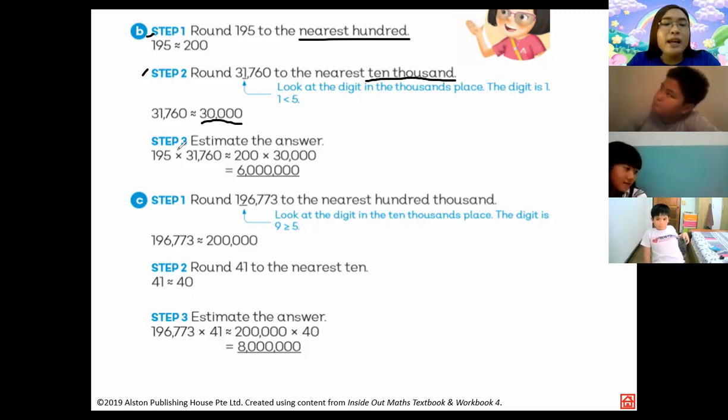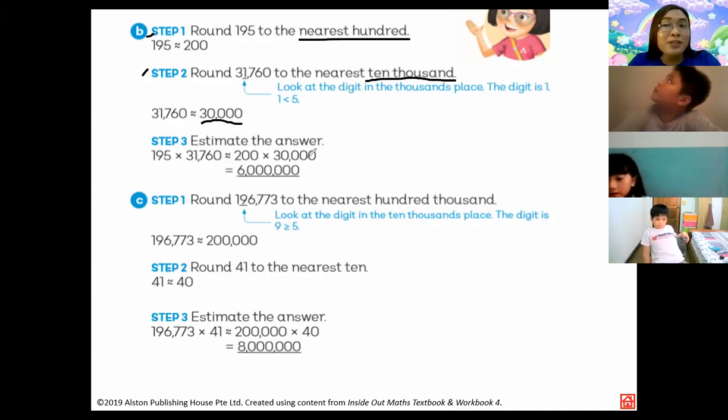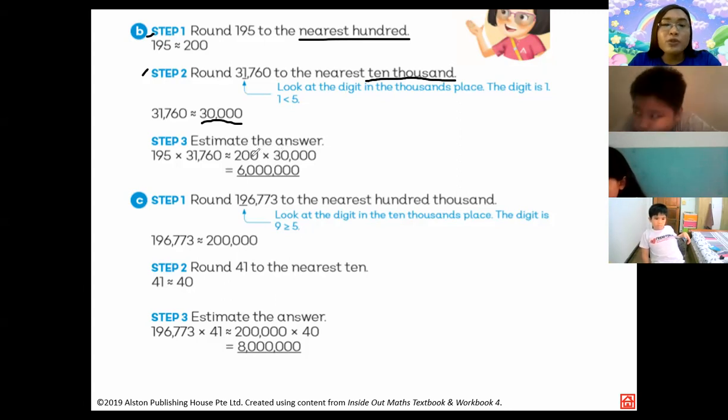Then step number 3, estimate the answer. Since 195 rounds to 200 and 31,760 rounds to 30,000, we will now multiply these two numbers.